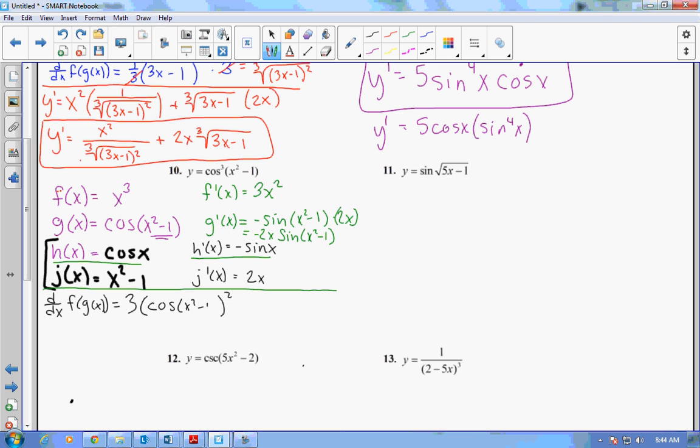Cosine of x squared minus 1, times g prime, negative 2x sine x squared minus 1. Technically, if you stop there, it's mathematically equivalent. But I do see I have a 3 and a negative 2x multiplying, so it'd be negative 6x.